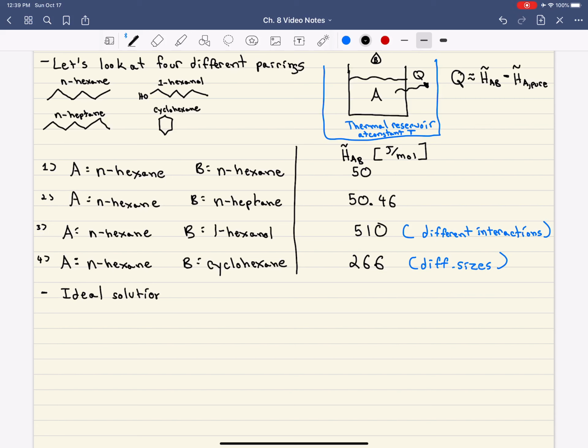To define an ideal solution: it is a mixture of molecules with similar sizes and interactions.